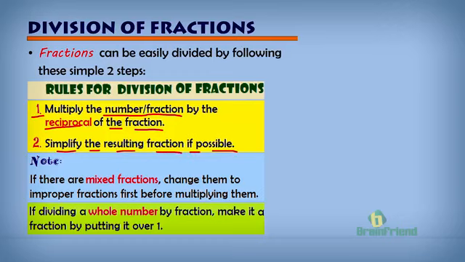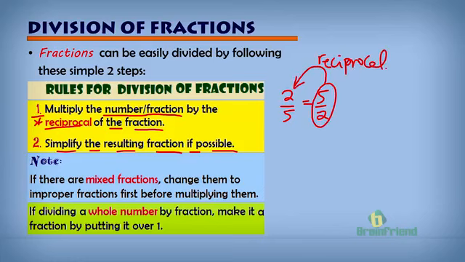I'm sure we are wondering what a reciprocal is. If we have 2 over 5, the reciprocal is simply turning the numbers upside down. 2 over 5 can be rewritten as 5 over 2. 5 over 2 is the reciprocal of 2 over 5. All right, so that's what we mean.